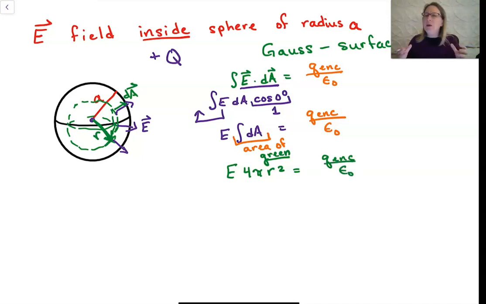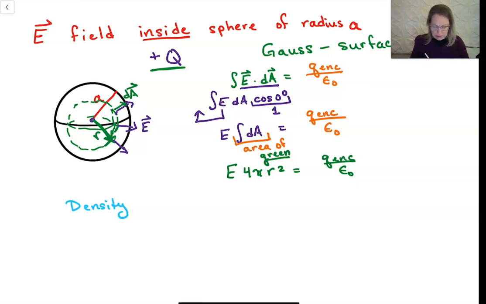Now, to find the Q enclosed, because we don't enclose all of the charge, since this plus Q is throughout the whole object. It is a fractional amount, but the way we do it is we use the idea of density. The charge density is the same, whether we have the big sphere or the small sphere.